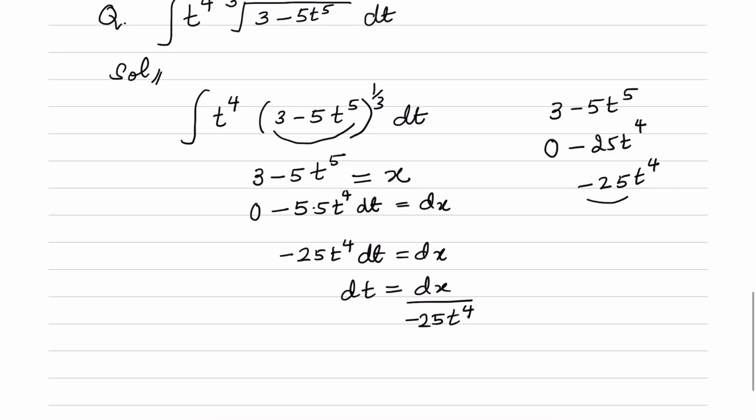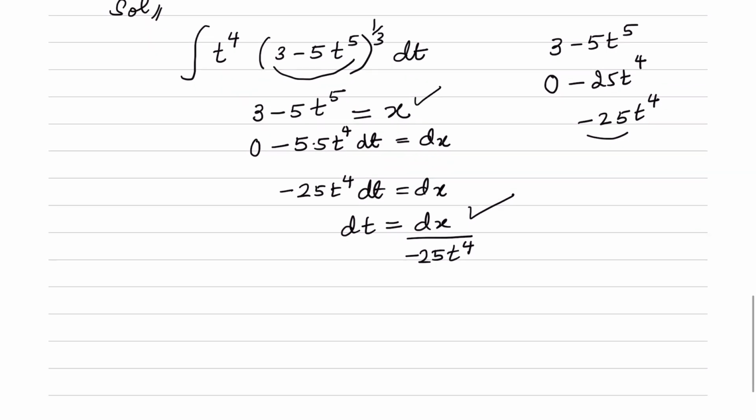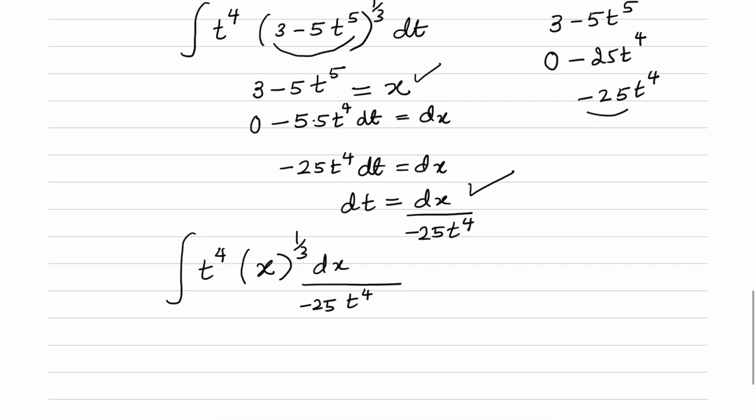Let's put in the value of dt and 3 minus 5 t power 5 equal to x back in our integral. So we have t power 4, x to the power 1 by 3. The value of dt is dx divided by minus 25 t power 4.